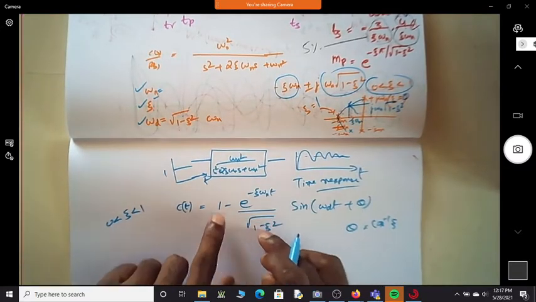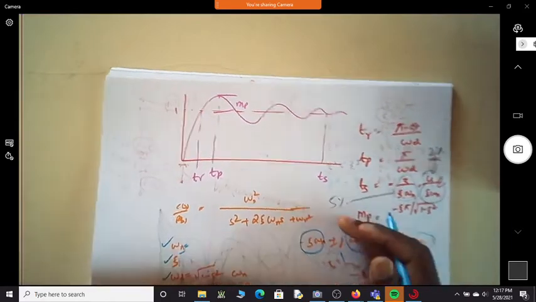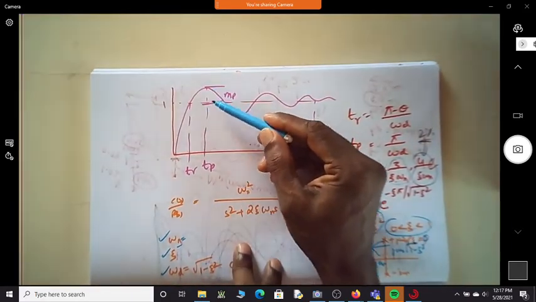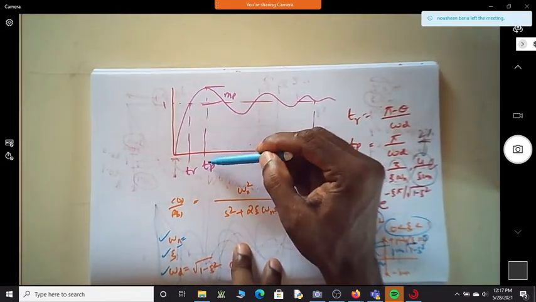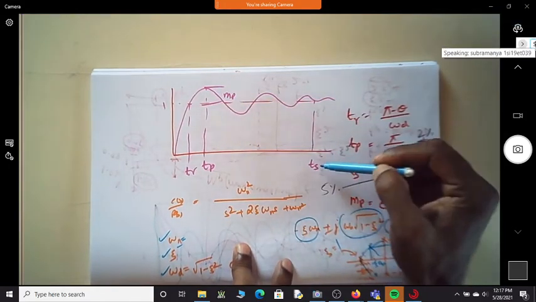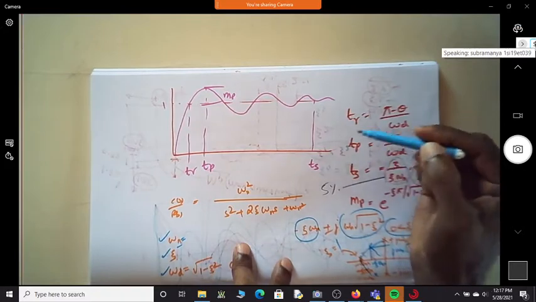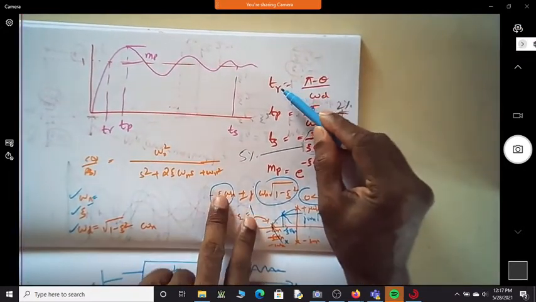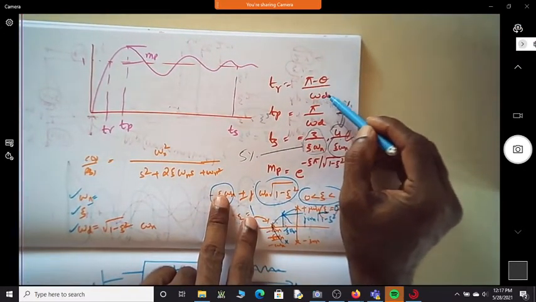So that's how the expression is. With this expression, we define many parameters: rise time, peak time, peak overshoot, and settling time Ts. The rise time is pi minus theta divided by omega d.